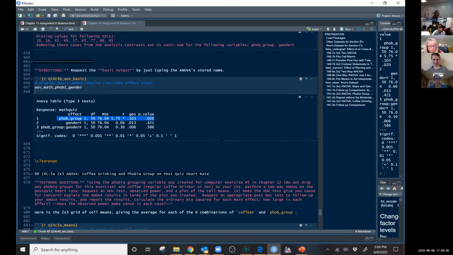That's not why. Why don't we need a follow-up test on phobia group now? Because there's only 2 groups, because we got rid of the moderate group. If you only have 2 groups, the only way they're different is if those 2 are different. Got it.